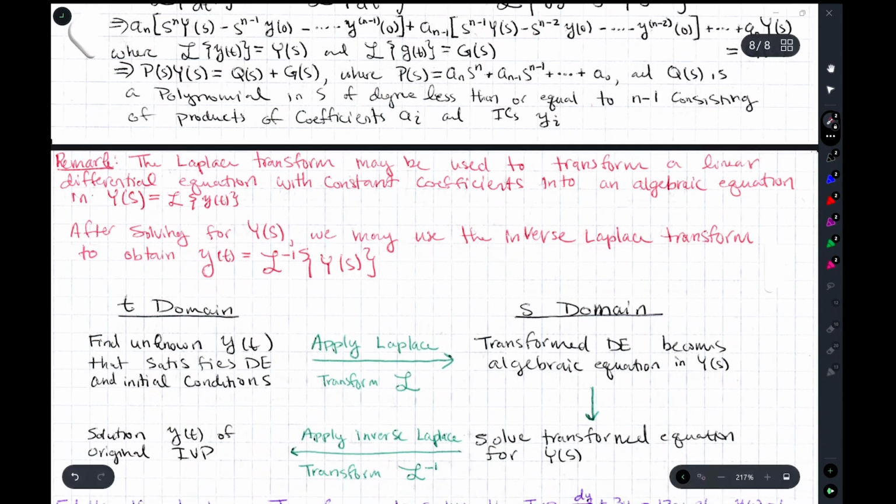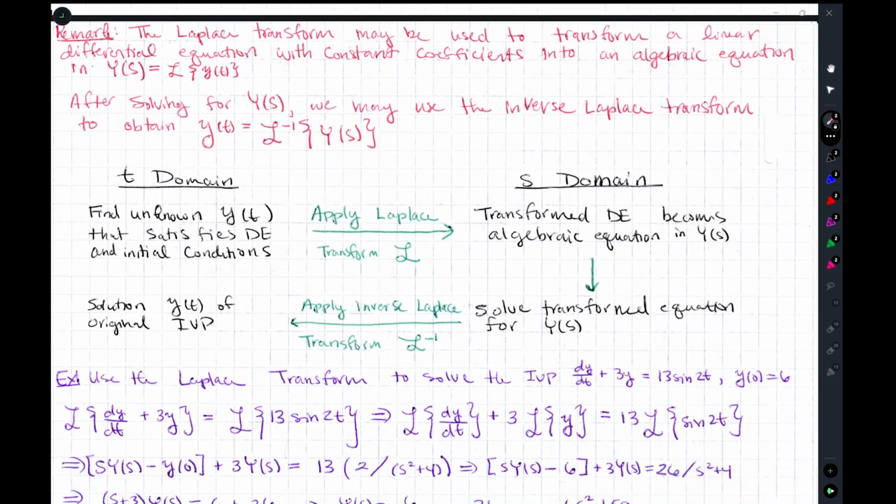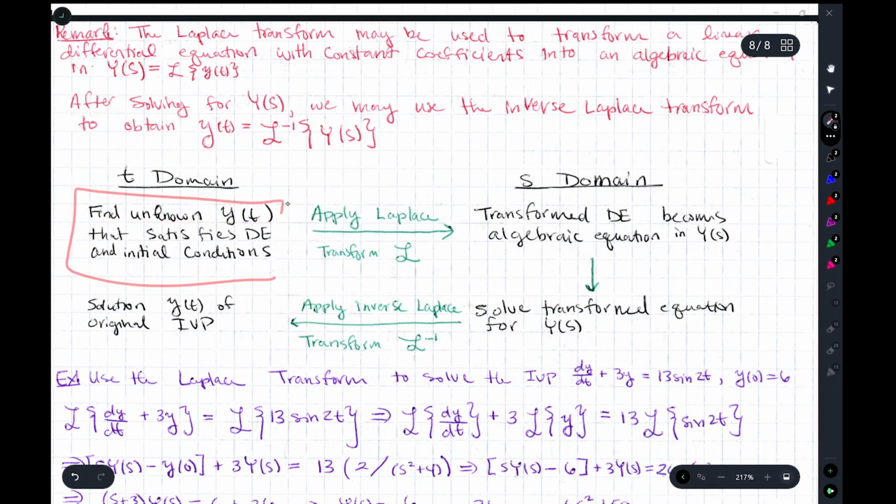So this could be summarized with this diagram here. T-domain is where we generally work with differential equations. In the T-domain you have dy/dt and nth order derivatives thereof. And so, what do you want to do? You want to find this unknown function y of t that satisfies the differential equation and the initial conditions. That's the problem. What you do is you apply the Laplace transform on the differential equation, and you now get this algebraic equation in Y(s).